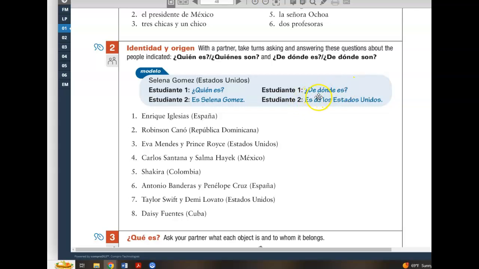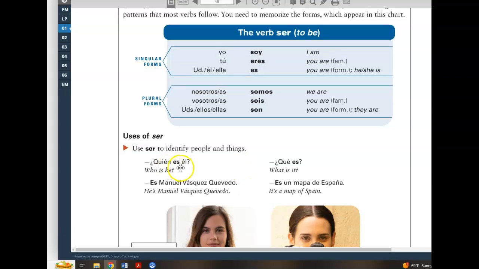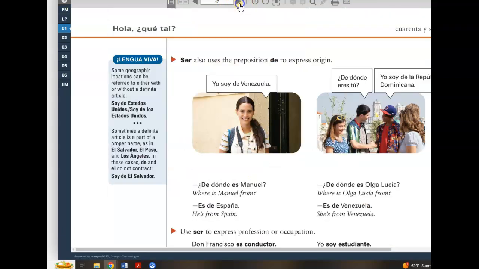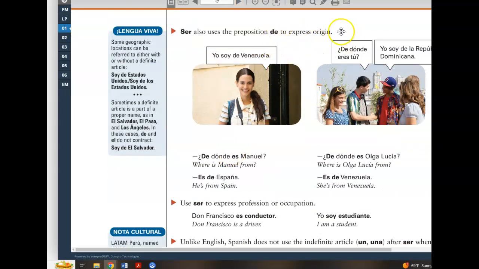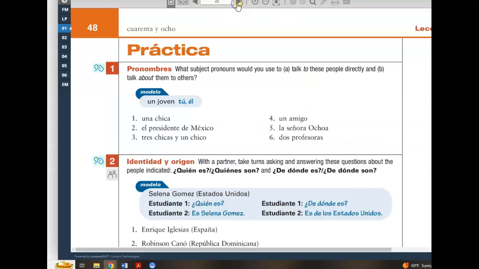Es de los Estados Unidos. We're using ser for the first question to identify someone, and we're using ser in the second question to indicate origin, asking and responding to where someone is from.